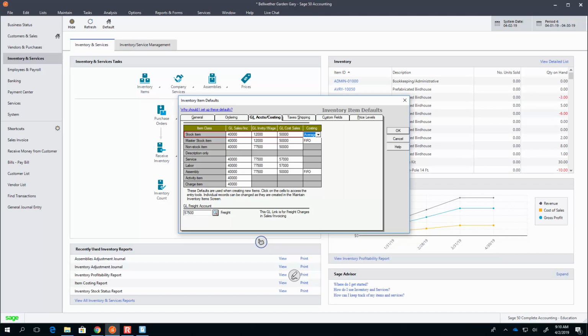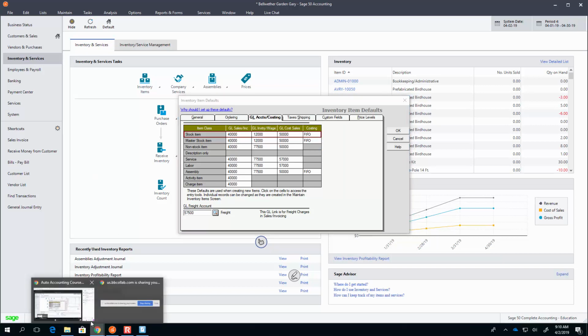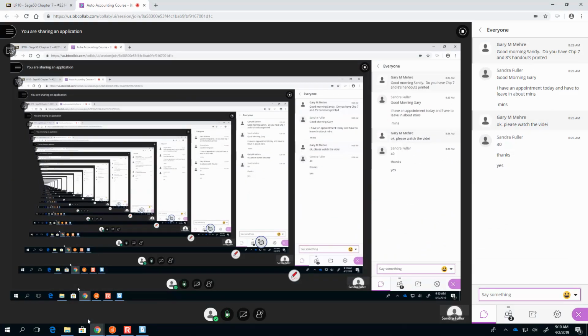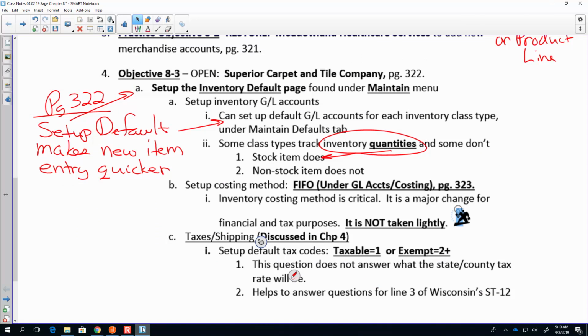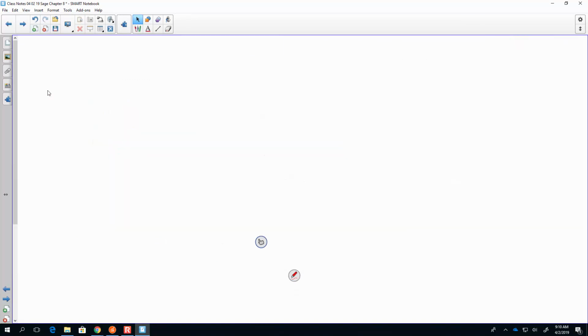In fact, that brings up a good point. I'm going to make that note here. My notes here. Let me add a page. I'm talking inventory costs.